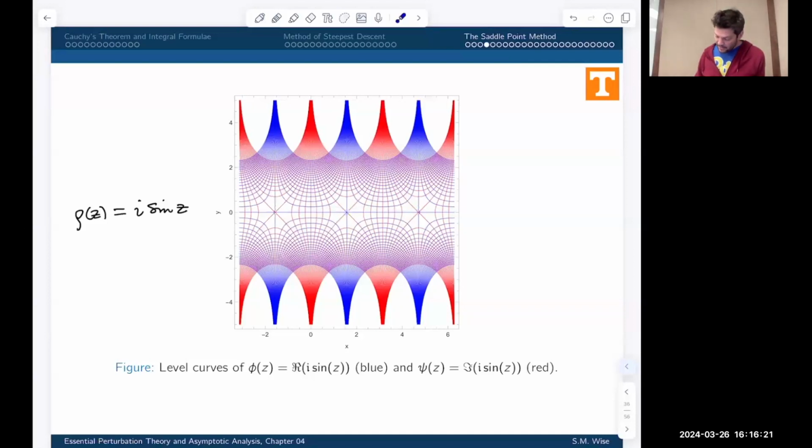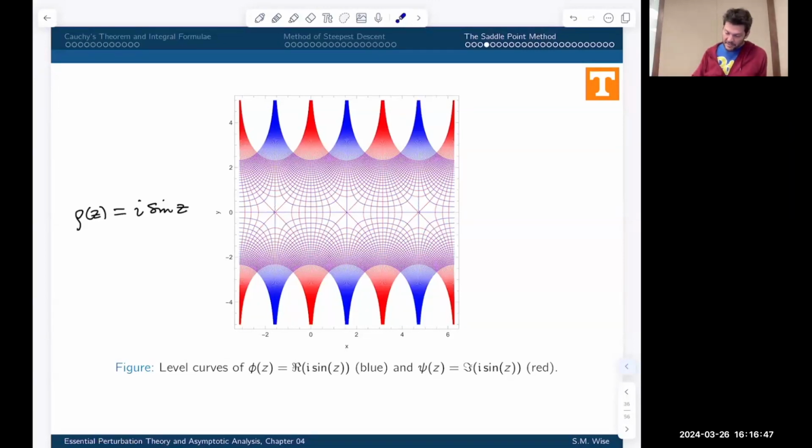If I look at phi, its contours go like this. If I go in this direction, I'm going up in the value of phi. And if I go in this direction, I'm going up in the value of phi. But if I go in these directions, this way and this way, I go down level curves, I decrease the value of phi.